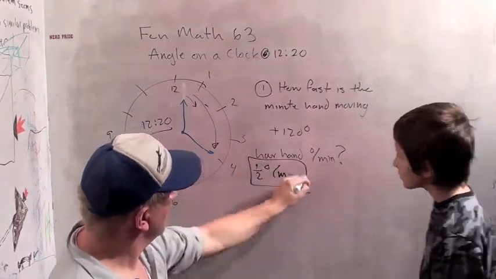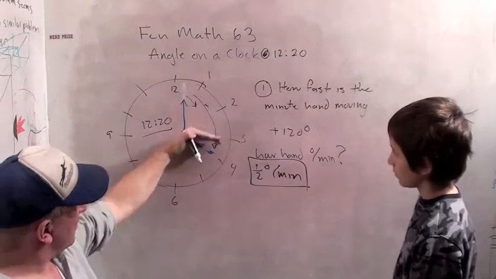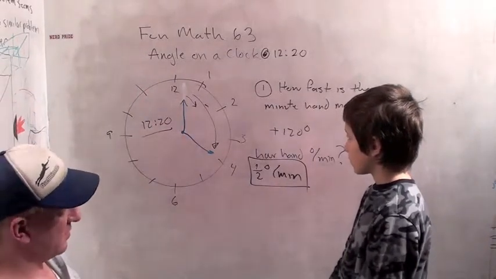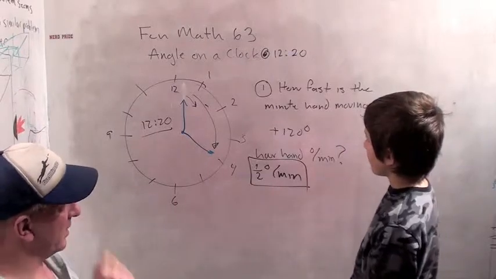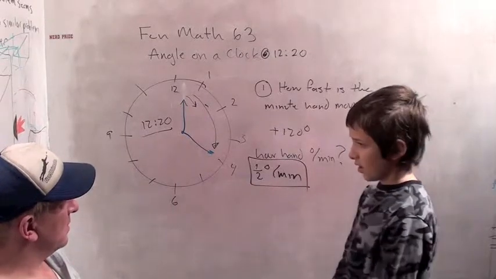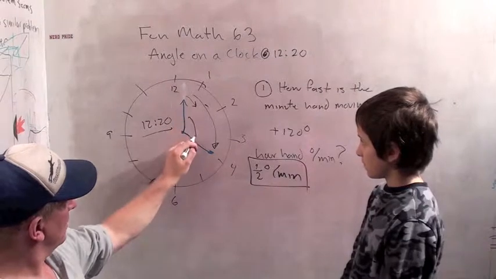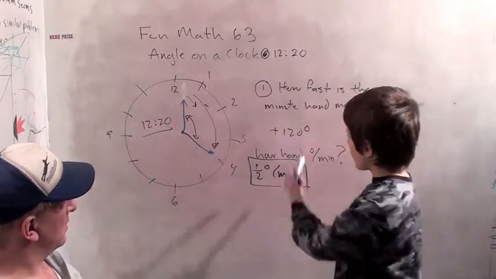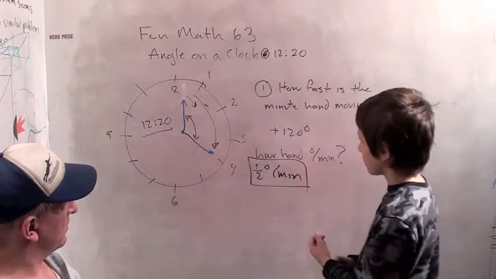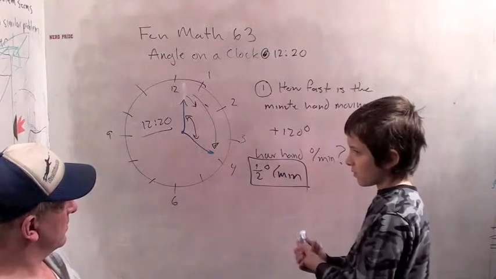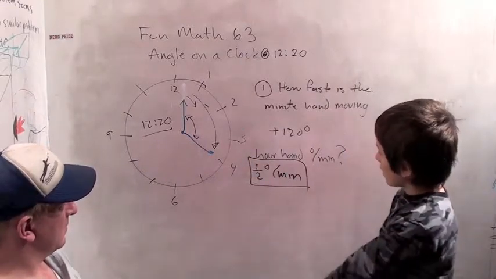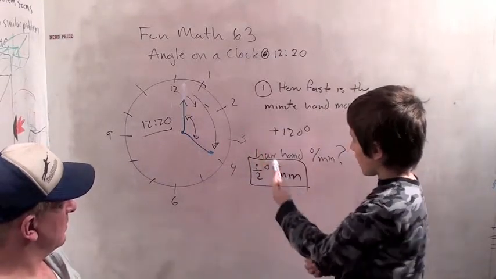Awesome. Now, what's the angle now? How far does the hour hand move from 12 to 12:20? It moved 10 degrees. So what's this angle? Well, we have 120 degrees, and it shrunk by 10.